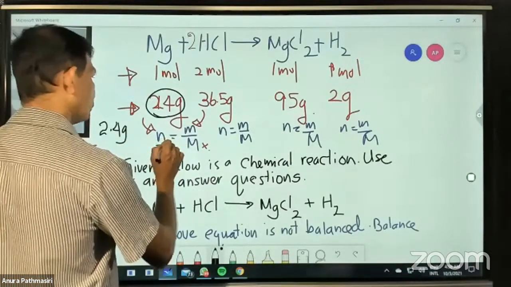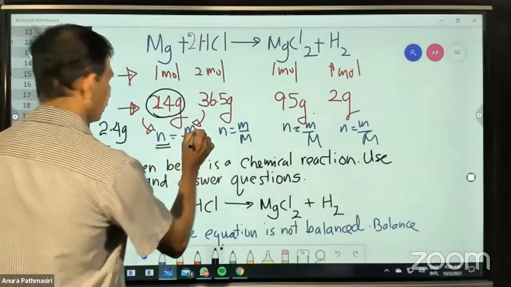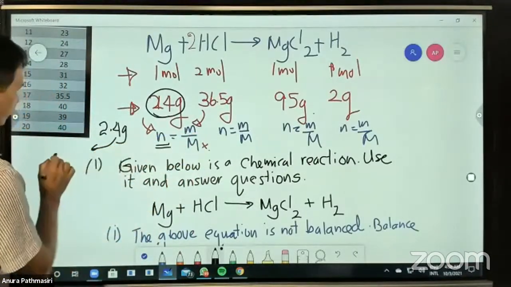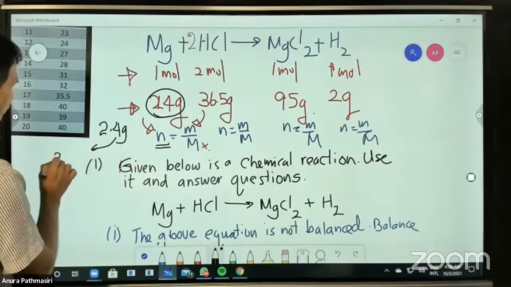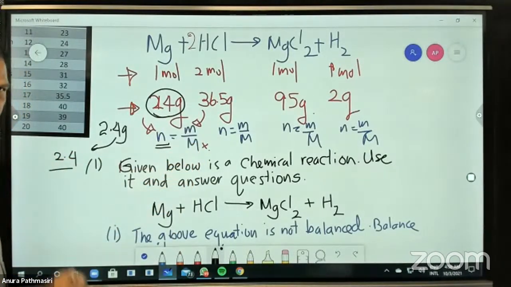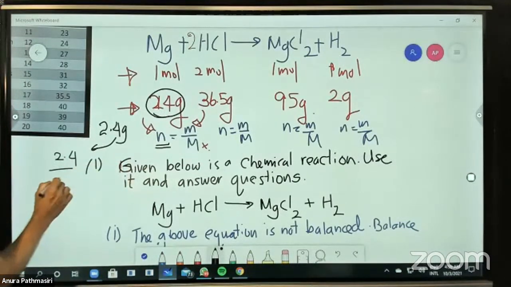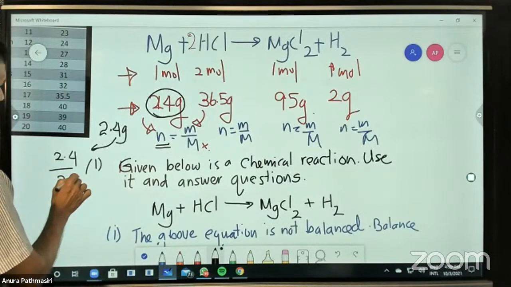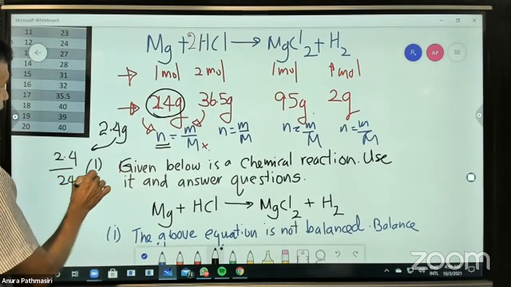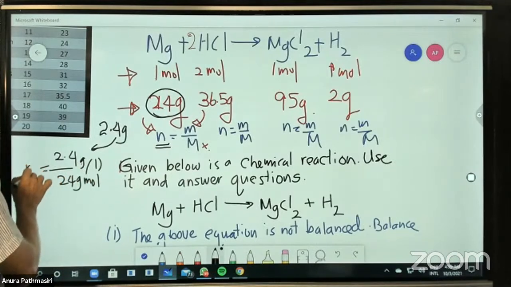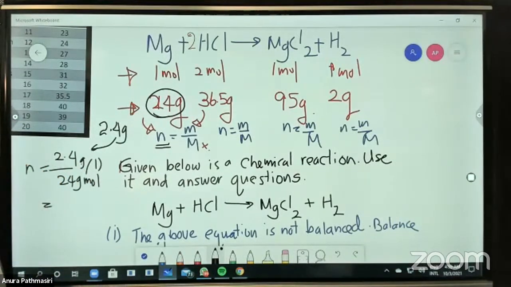So the number of moles can be calculated by using this one. How? Given mass is 2.4 and molar mass is 24 gram per mole. The number of moles can be calculated, right?